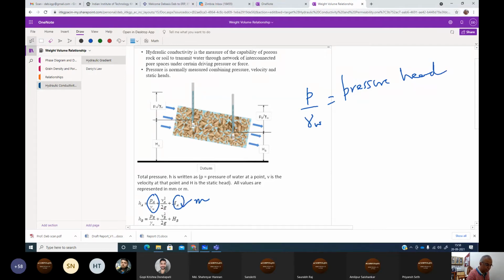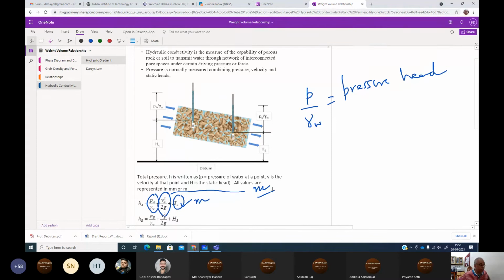This is the potential head, or the geostatic head, just because of the elevation. And this we call velocity head. Now, what is this velocity head? Velocity square divided by 2g. You can see that the unit here will also be meter.